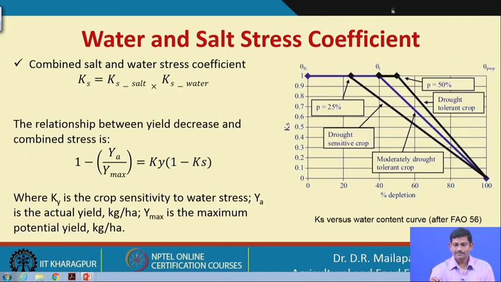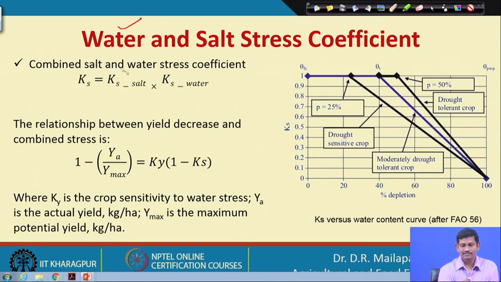So, the water stress coefficient, combining both water as well as salt stress coefficients. The combined water and salt stress coefficient Ks is equal to Ks salt multiplied by Ks water. We have already got the equations in the previous slides.